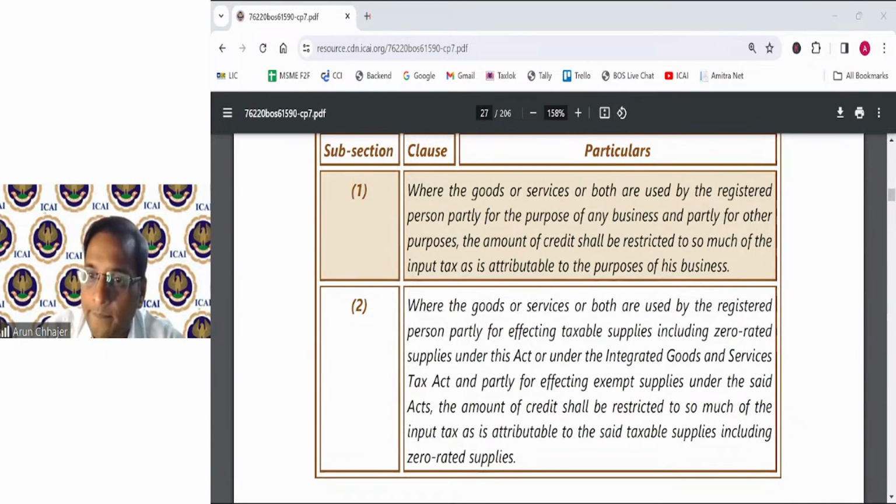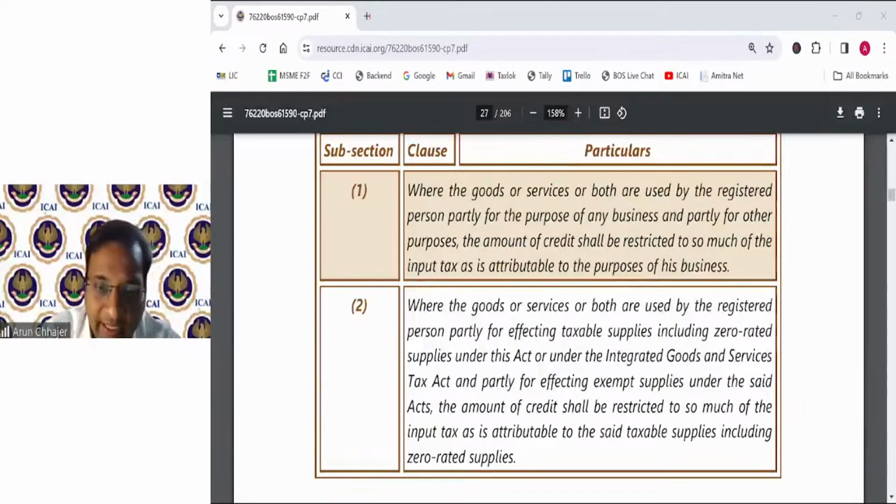I know that credit which is to the extent of the business purpose, I would be allowed to take the ITC to the extent it is being used for the purpose of business.